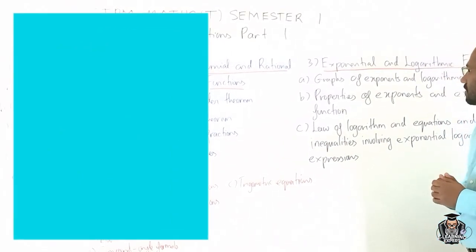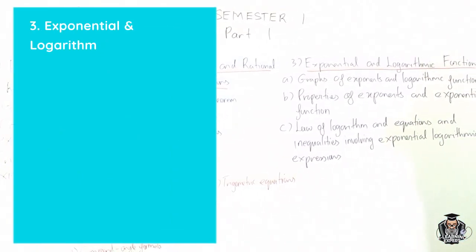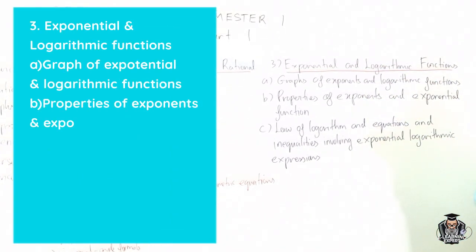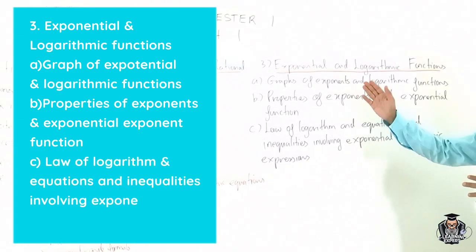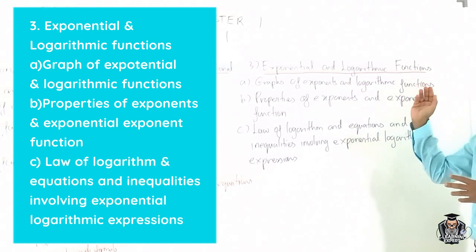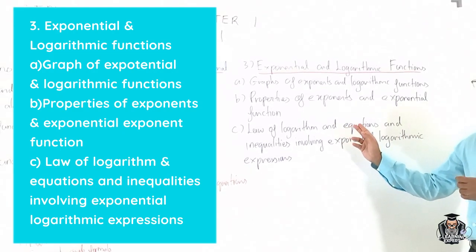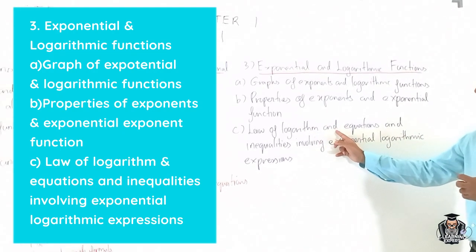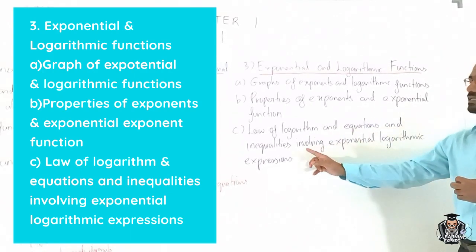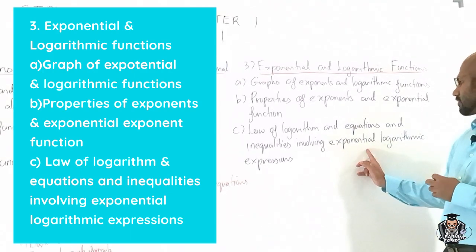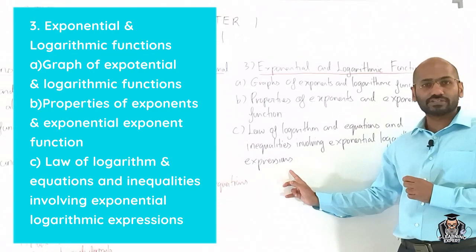Moving on to the third subtopic over here, we have exponential and logarithmic functions, where we will be covering graphs of exponents and logarithmic functions, properties of exponents and exponential functions, laws of logarithm and exponentials, and inequalities involving exponential logarithmic expressions.